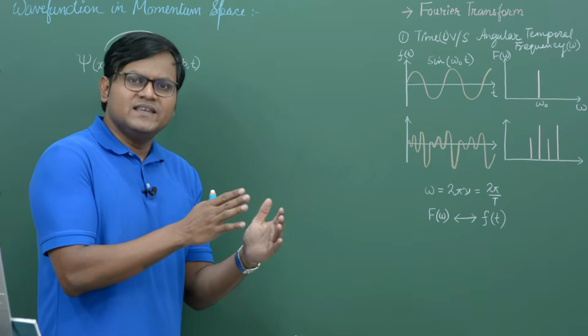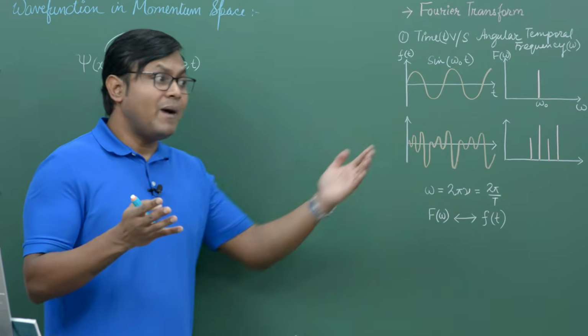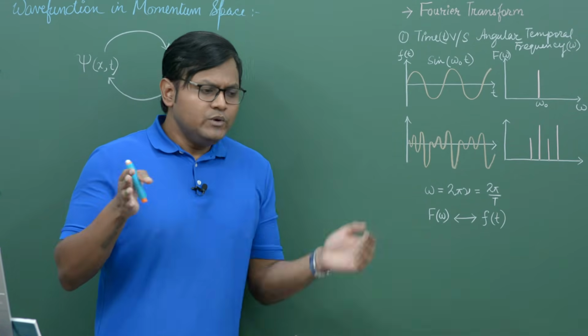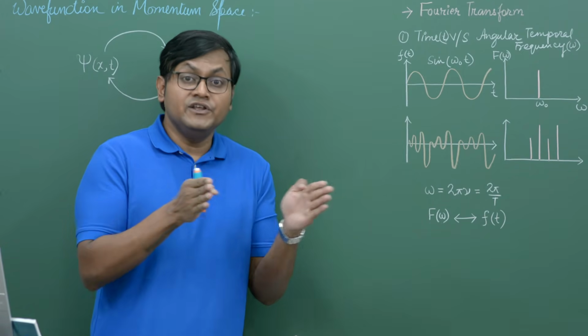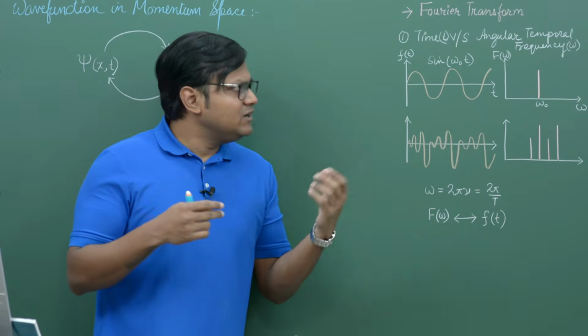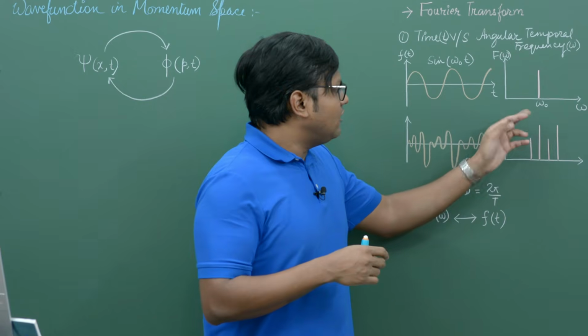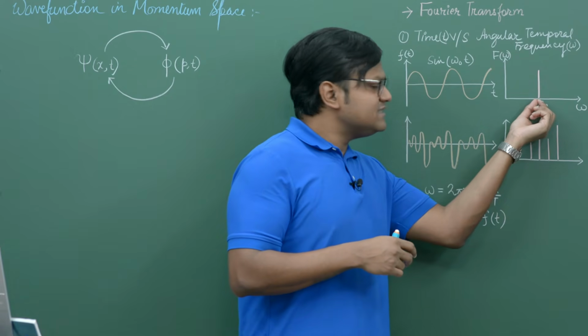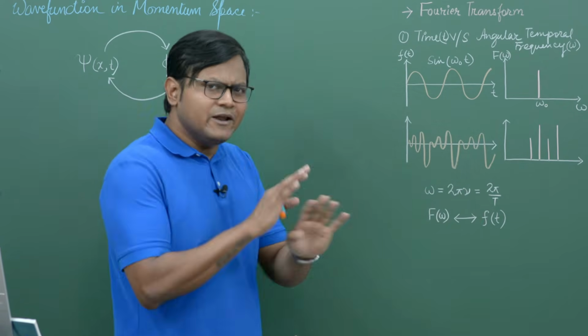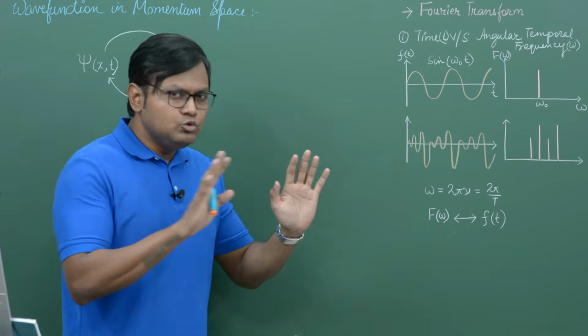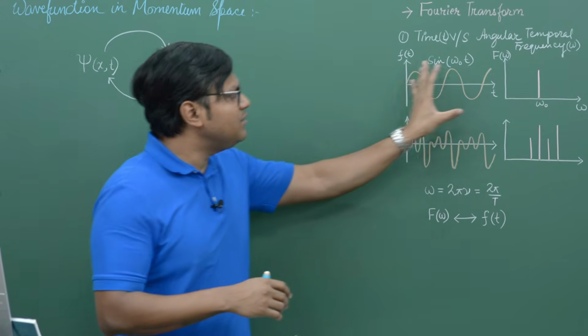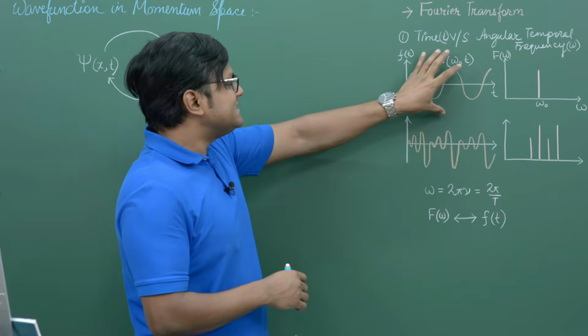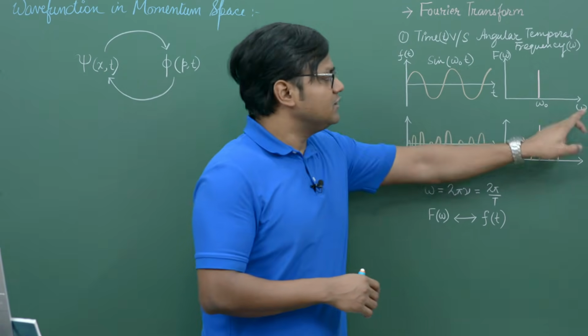But in realistic scenarios, we can't really take a signal from minus infinity to plus infinity. We usually take it in a finite range. Then we end up getting a line which has a slight width to it. But I don't want to complicate the discussion. This is a simple representation of a signal in terms of time and a signal in terms of frequency.